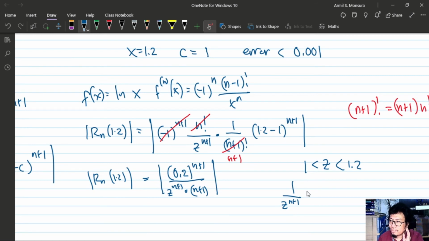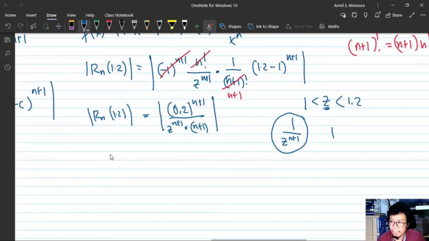But given that z is within this interval, you know that this number would be less than 1. Even if z is 1.2, that's even less than 1. So we will be able to establish an upper bound for our error.